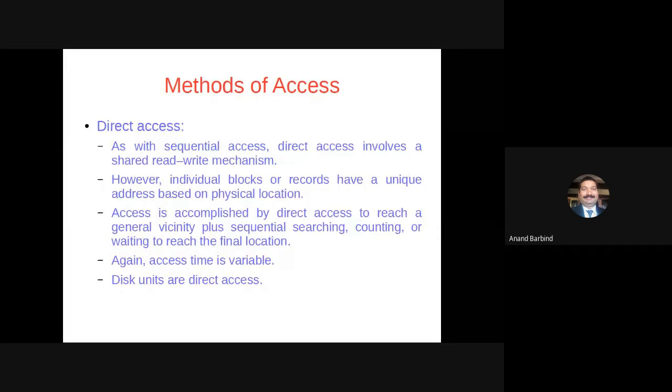However, the individual blocks or records have a unique address based on physical location. So access is accomplished by direct access to reach a general vicinity plus sequential searching, counting, or waiting to reach the final location. So again, access time is variable in this case.